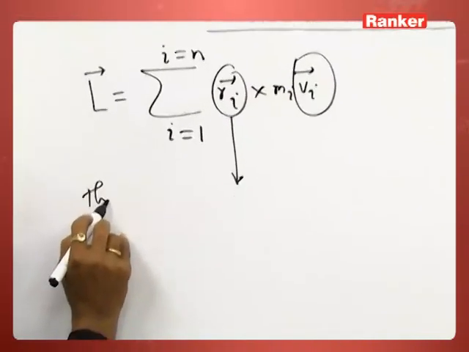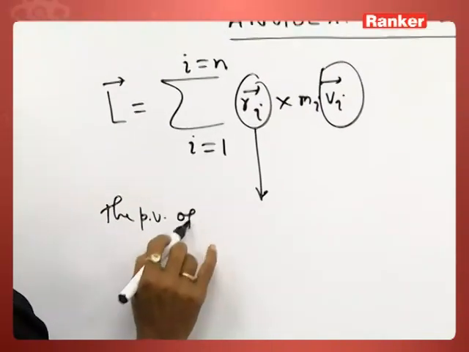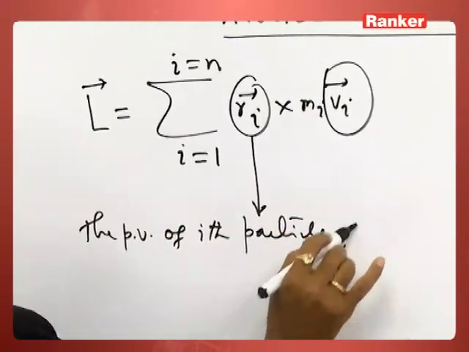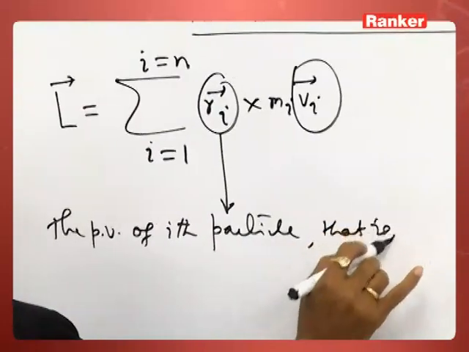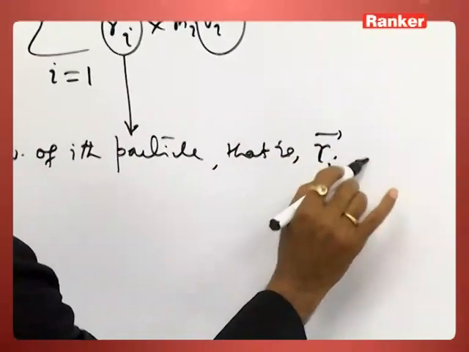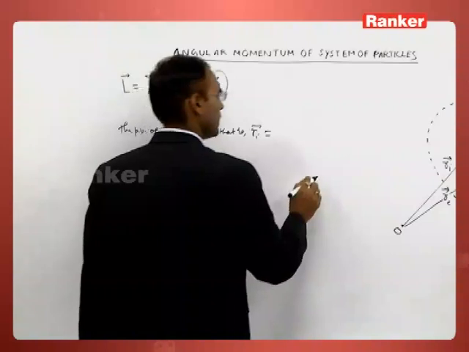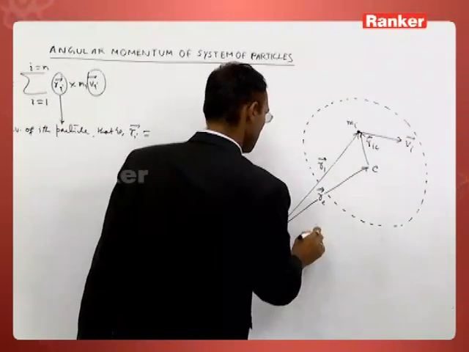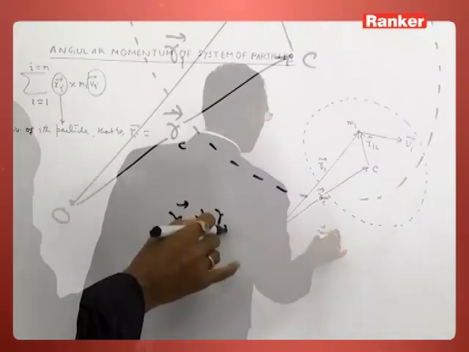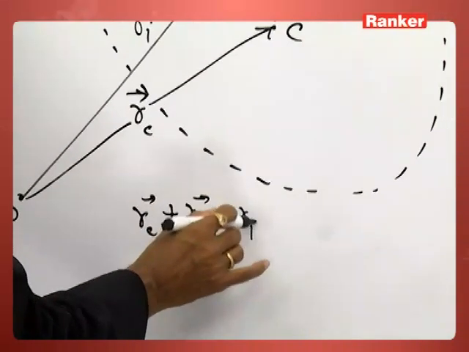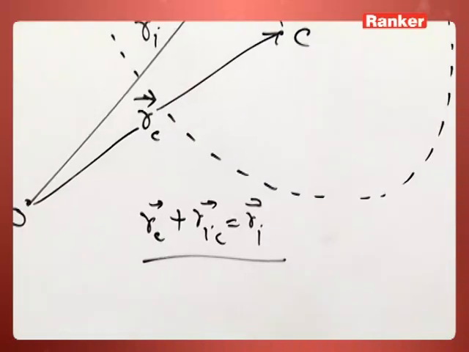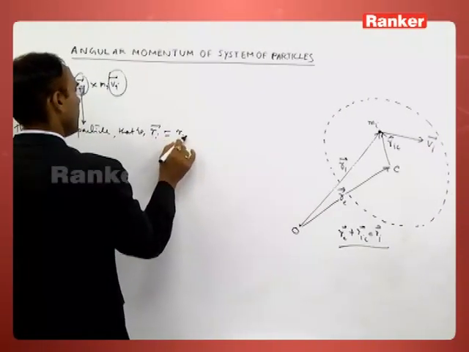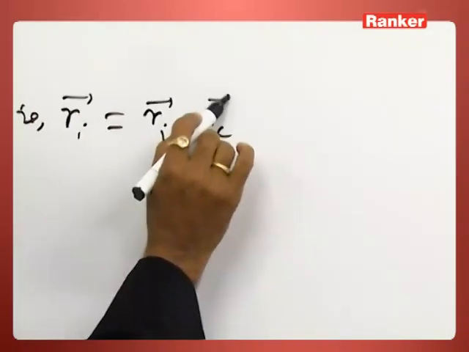The position vector of ith particle, that is ri, can be written as ric plus Rc. Ric plus Rc is equal to ri. Galilean transformation of position: ri can be written as ric plus Rc.